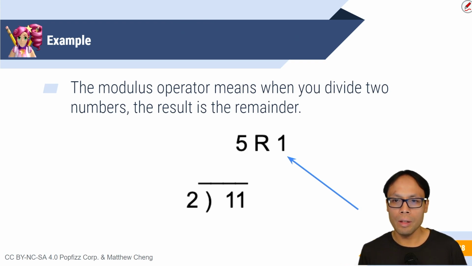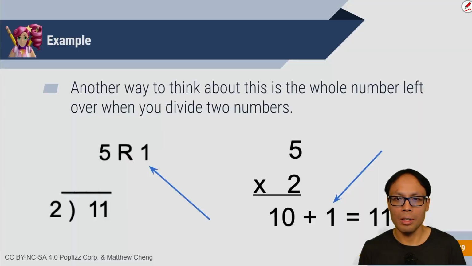So 11 divided by 2 would be 5 as the whole number, and then the remainder is 1. So you would have something like 5, big R, and then 1. At a certain point, your math teachers probably told you to put a decimal point and keep doing long division, and you might have forgotten about the remainder. But in computer science, the remainder will be very useful. We'll see it inside of problems in the future.